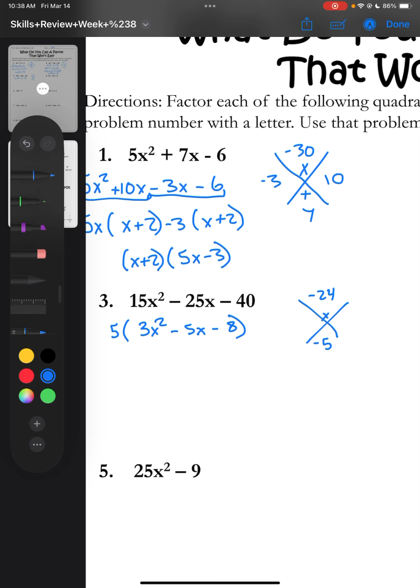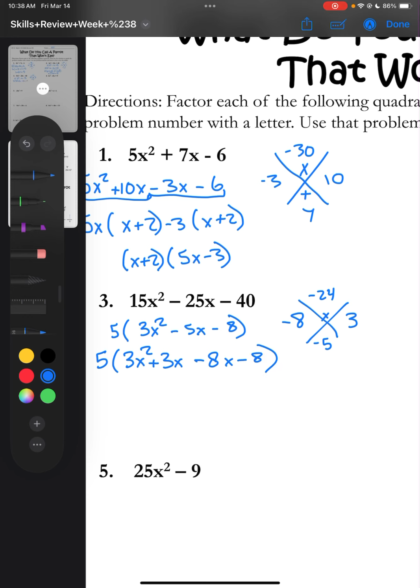We could do an 8 and a 3, but we would need the negative 8 to get that negative 5 when we add those together. So keep that 5 there. Let's split up that negative 5x, and then negative 8x minus 8.